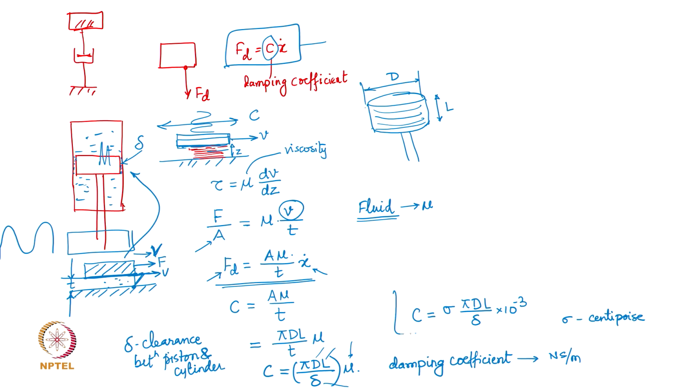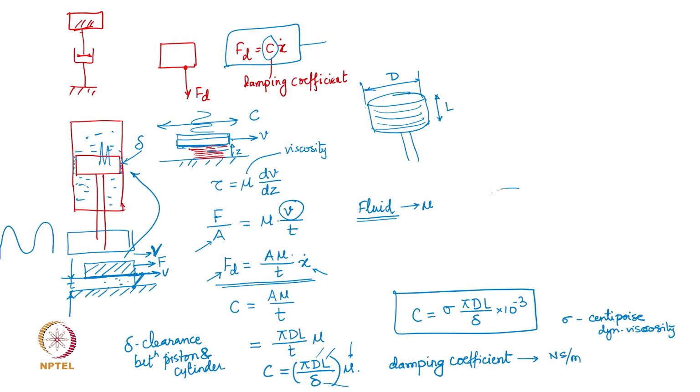So, the alternate expression here for C is going to be this, where sigma is the dynamic viscosity. All right. So, based on the fluid that is being used in the cylinder and the dimensions of this piston and the clearances, you can numerically find the value of C, and that is how this C is going to come into the expression, right.